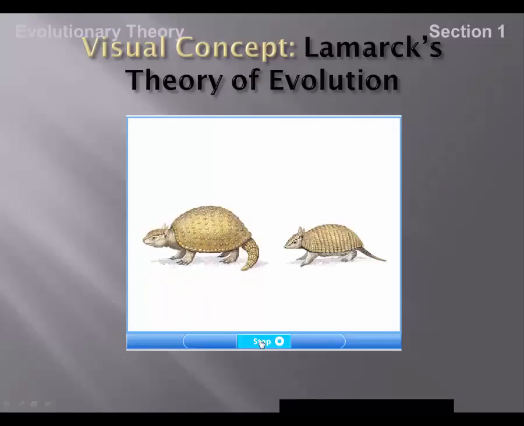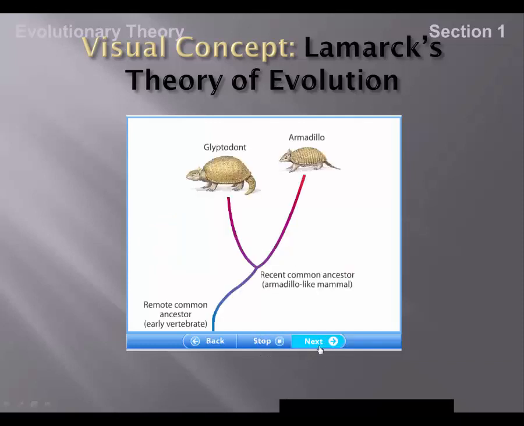The French scientist Lamarck noticed that some life forms appeared to be modifications of fossil forms found in the same geographic location. Examine these two animals. The modern armadillo, on the right, resembles the extinct glyptodont. The two occupy the same geographic region and have a common ancestor which is also extinct.